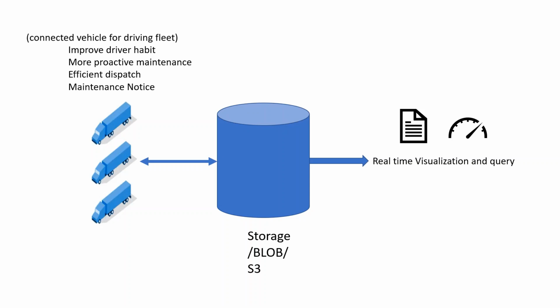If we are getting real-time data from, let's say, thousands of trucks running across the US, and every truck is sending real-time data, then we are getting maybe terabytes or petabytes of data. So we have to make sure we are storing data in an efficient and cost-effective manner. Take an example where we are storing in CSV.